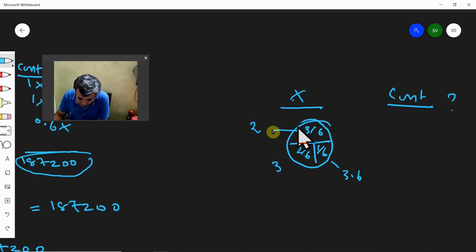So out of this X, 3 by 6, or 1 half, 0.5, 50% of X earns me 2 rupees. 2 by 6, 1/3 of X, earns me 3 rupees. And 1 by 6, 16.67%, earns me 3.6 rupees. You are able to visualize.